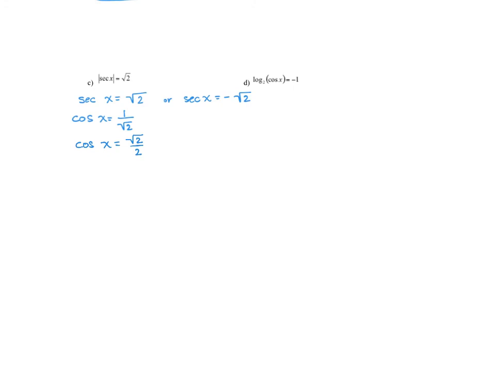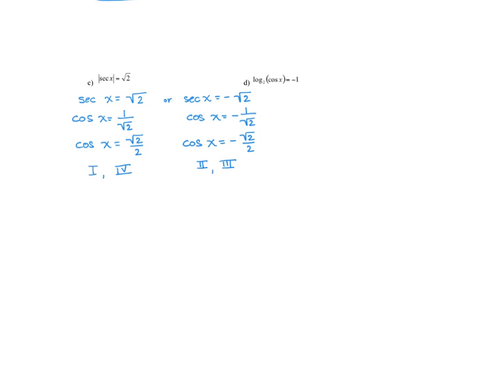And I know that happens, right? Cosine is positive in quadrant 1 and 4. I'm going to follow the same logic down the other side. So I have the reciprocal function. So cosine of x is equal to negative 1 over rad 2. No rads in the denominator gets me negative rad 2 over 2. The cosine is negative in quadrant 2 and quadrant 3.